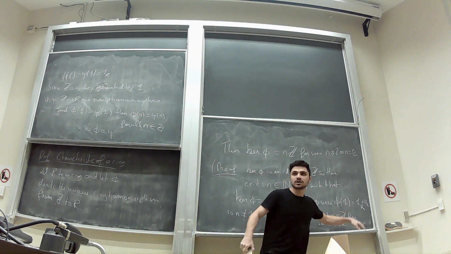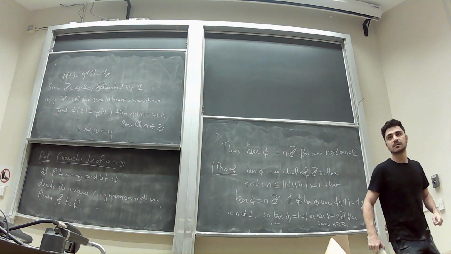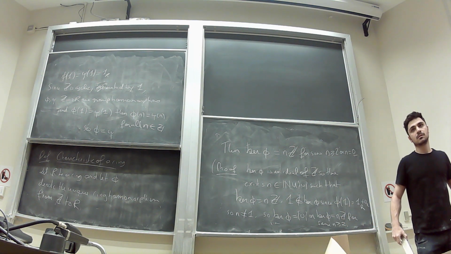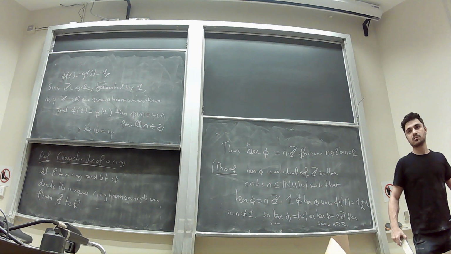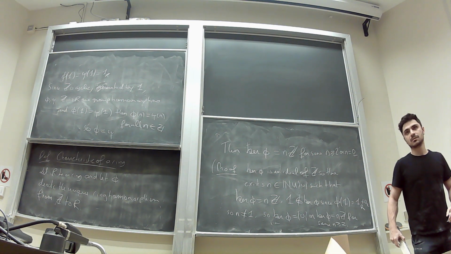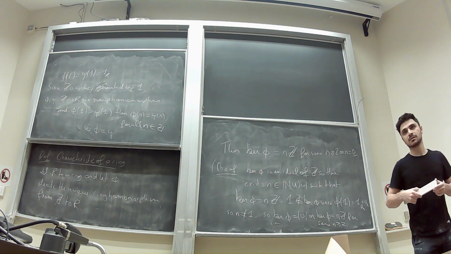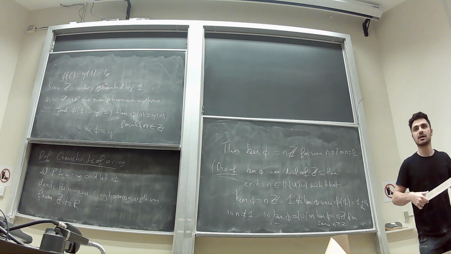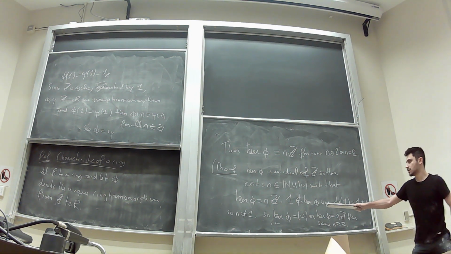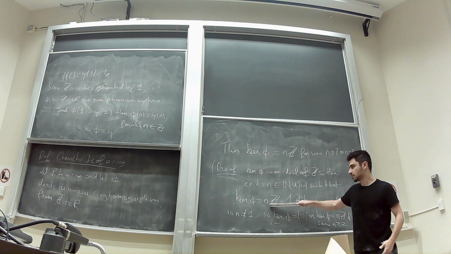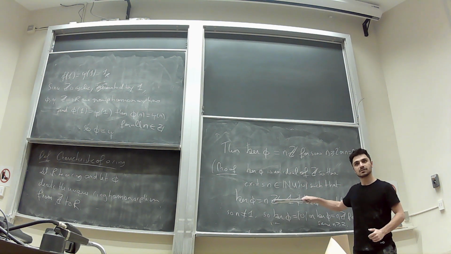Because phi of 1 is 1, different than 0, right? It doesn't belong to the kernel. So the kernel is not everything. If n is equal to 1, then the kernel is Z, so the kernel is everything.